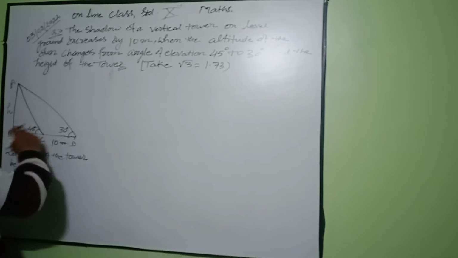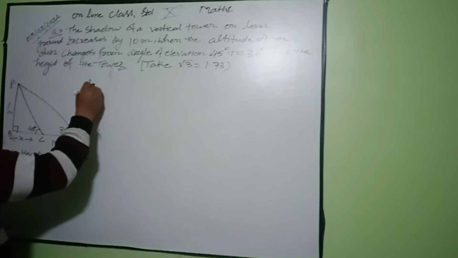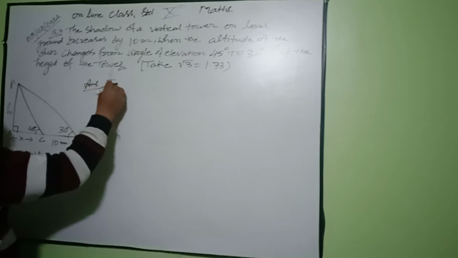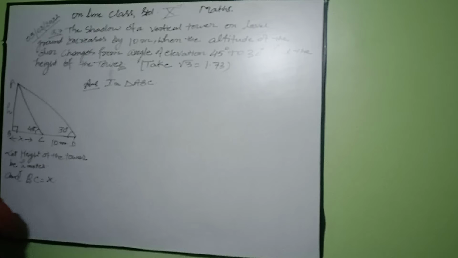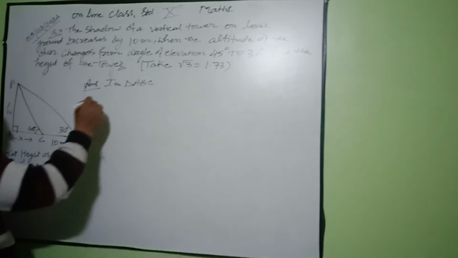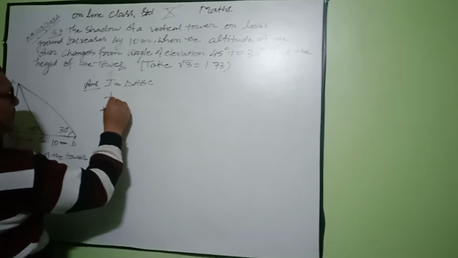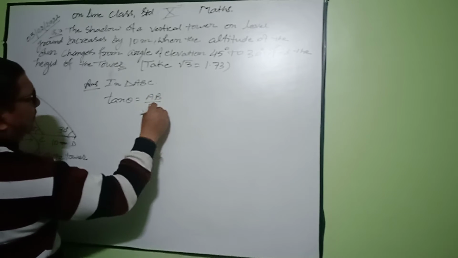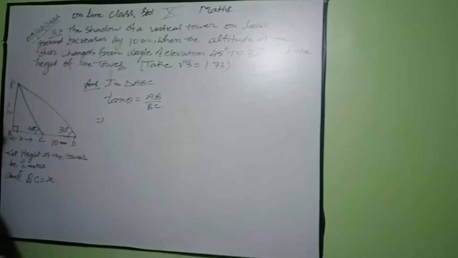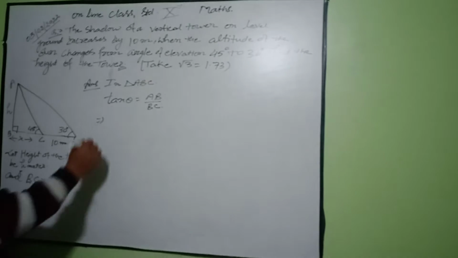Then in triangle ABC, tan theta equal to AB by BC. We will find AB. And theta is given 45 degree.